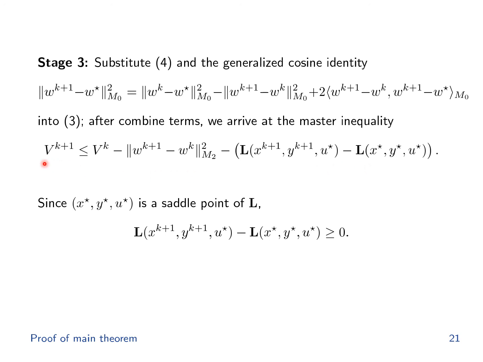Recall that the Lyapunov function formulation involved two squared terms involving two positive semi-definite matrices. So the Lyapunov function is lower bounded by 0. It's always non-negative. So this descent inequality immediately means that this term has to converge to 0 as k goes to infinity, as well as this term.